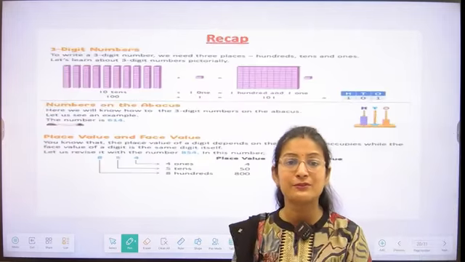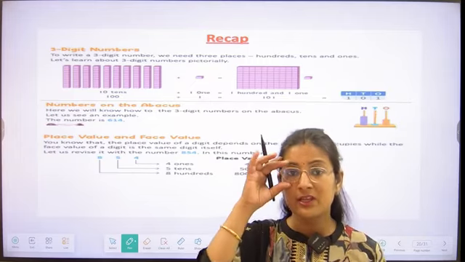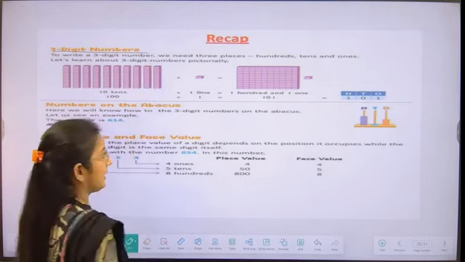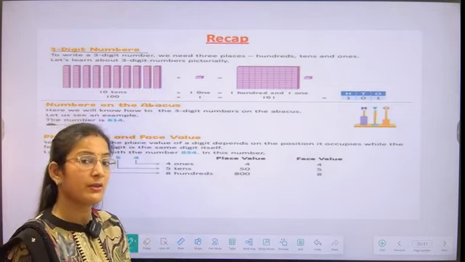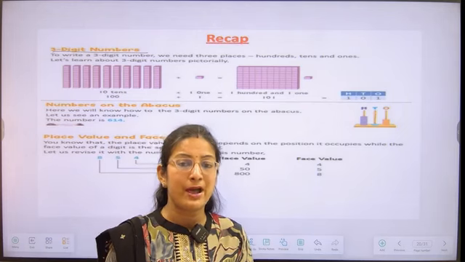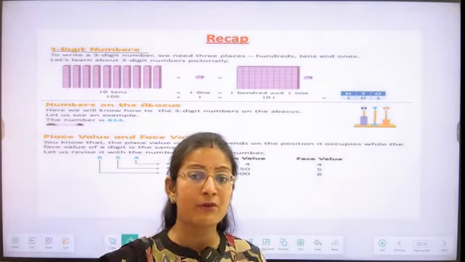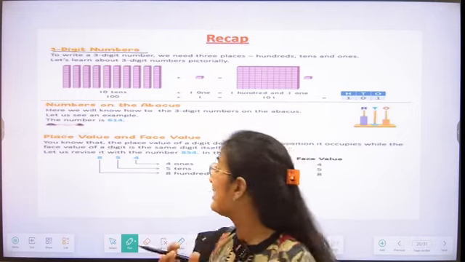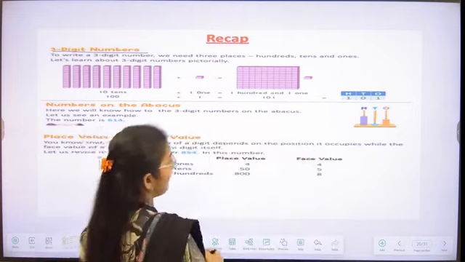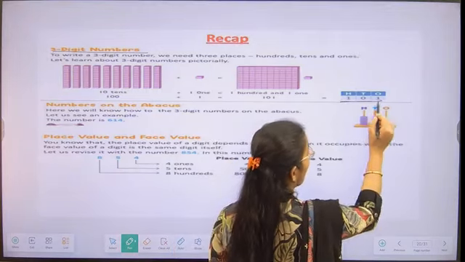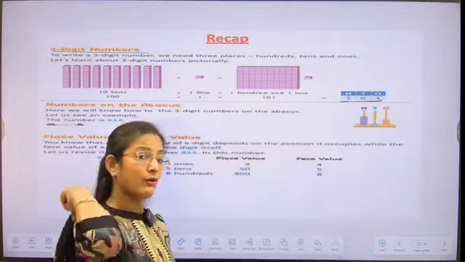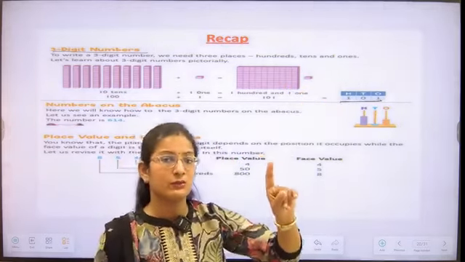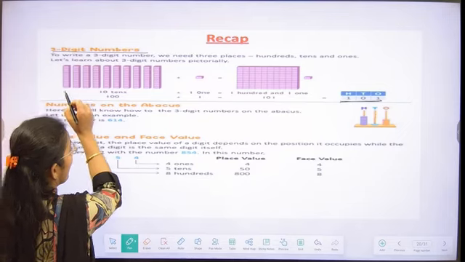In this chapter, first, we have learned three-digit numbers. How are we forming three-digit numbers? By counting the number of 100 blocks, 10 blocks and ones blocks. If we have to form the number 101, at the 100 place value we have 1, so we form one 100 block.